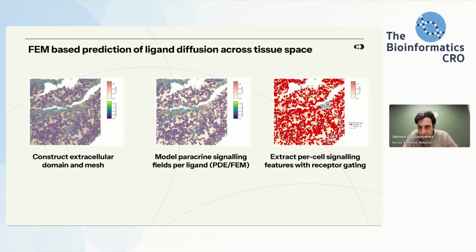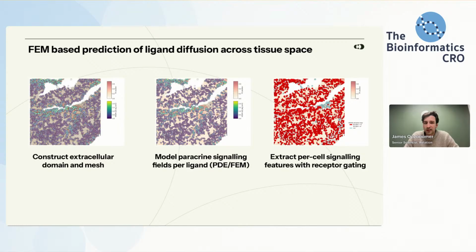tissue space. And here you can see the cells themselves are colored by the expression of ligand VEGF-A, and you can see the FE solution in the intracellular space colored in this sort of white to red heat, showing that cells expressing high VEGF-A are predicted to secrete VEGF-A into the intracellular tissue space, and we model this diffusion with decay throughout the tissue.